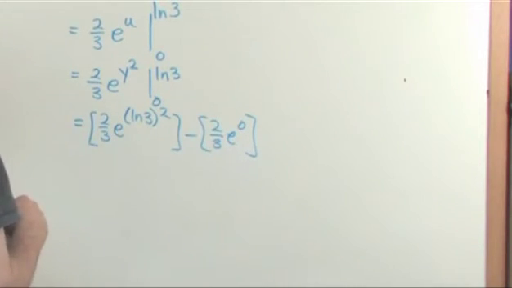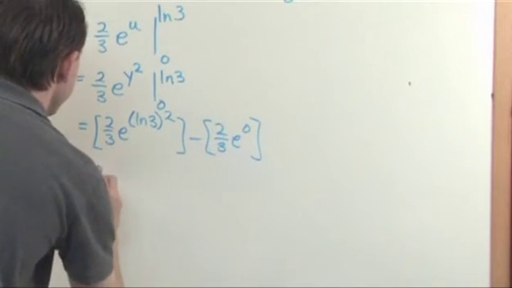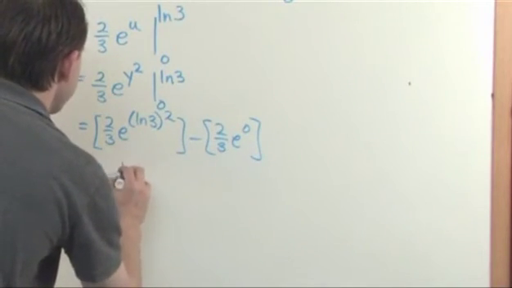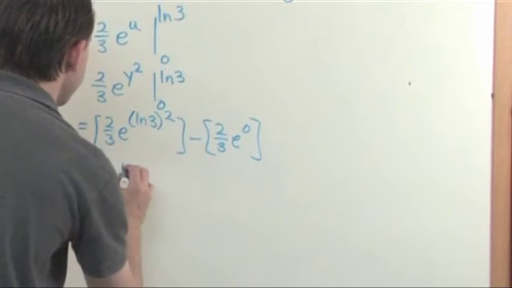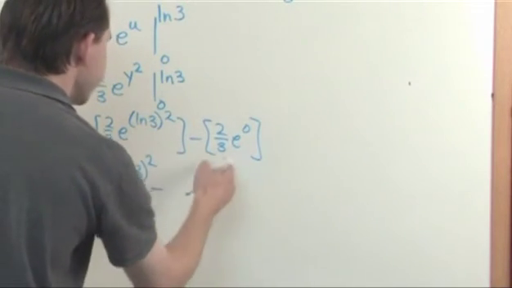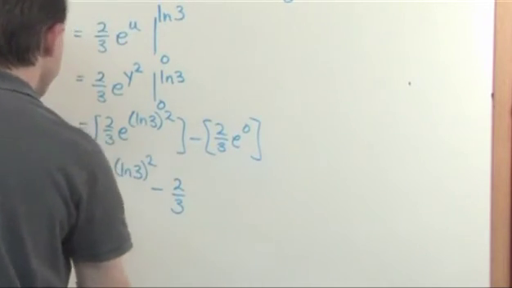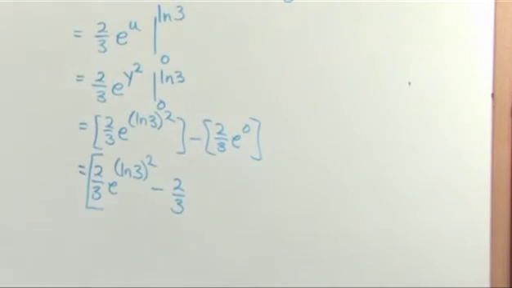So what we're going to have is 2/3 e to the natural log of 3, and we're going to square it, minus e to the 0, which is always 1, so it's 2/3. So this is the answer right here. It looks like a crazy answer, but that's actually the answer: 2/3 e to the natural log of 3 squared up here in the top, minus 2/3.